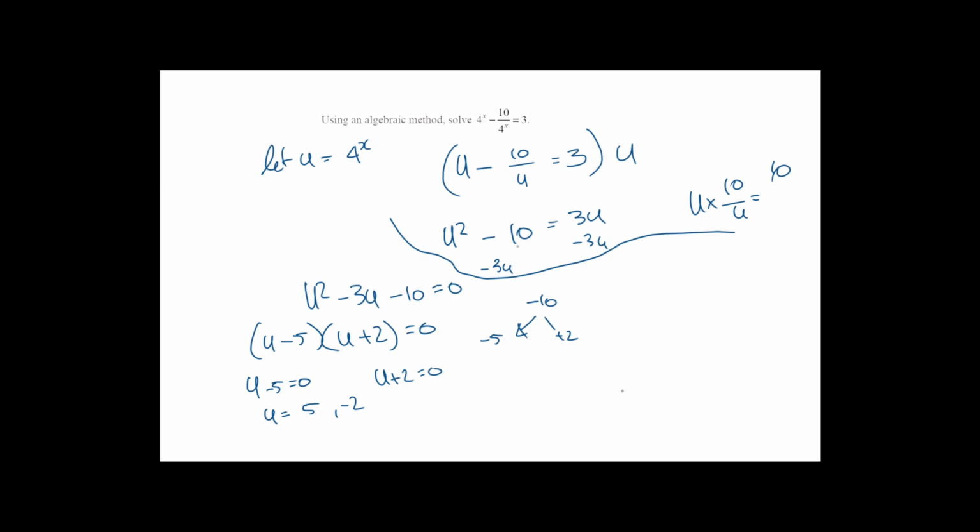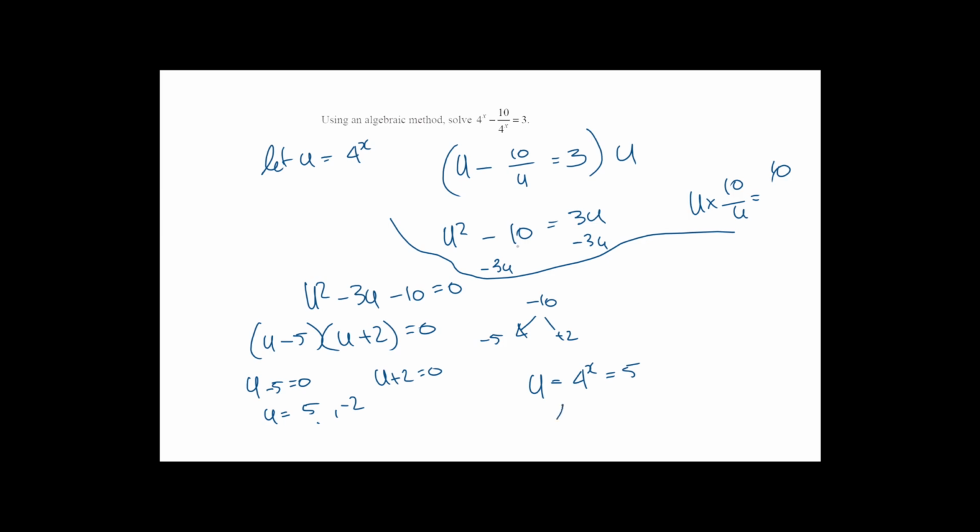Now, do any of these actually work? I suspect we're going to have some trouble when we come to do logs. We know that u equals 4 to the x, and one of our solutions is 5.